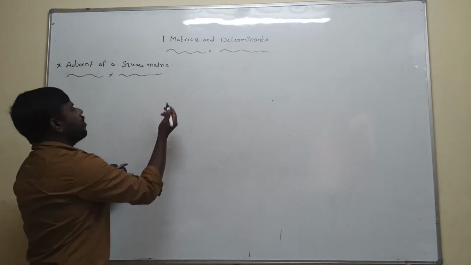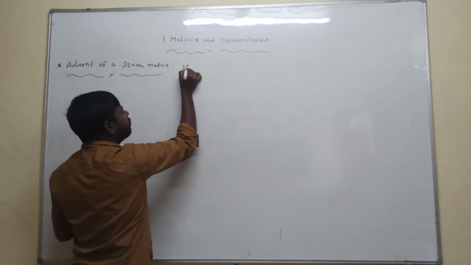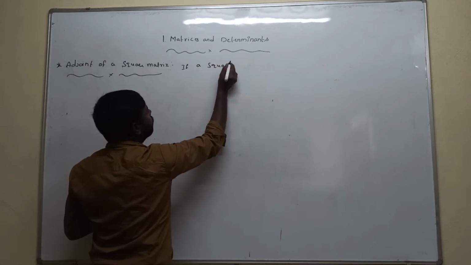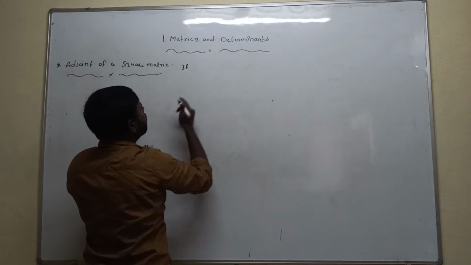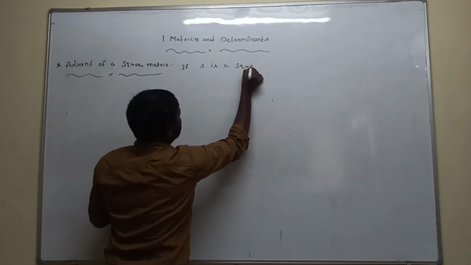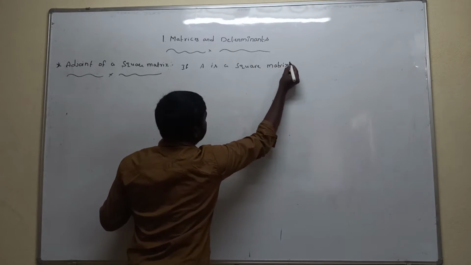So dear students, what is the definition of the adjoint of a square matrix?